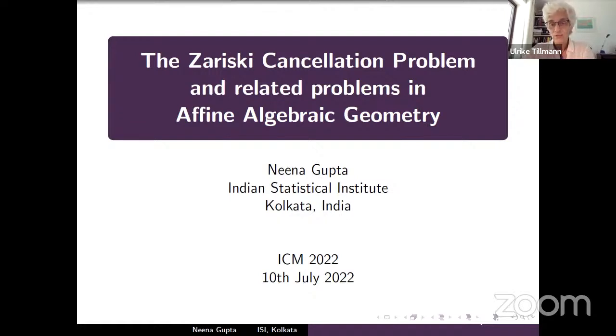In 2014, she received the Young Scientist Award by the Indian National Academy for the solution proposed to the Zariski Cancellation problem in positive characteristic. She also received just this year the Ramanujan Prize. So many congratulations to Neena for the prize, but also having been invited to give this talk at the ICM. So I give the floor now to Neena.